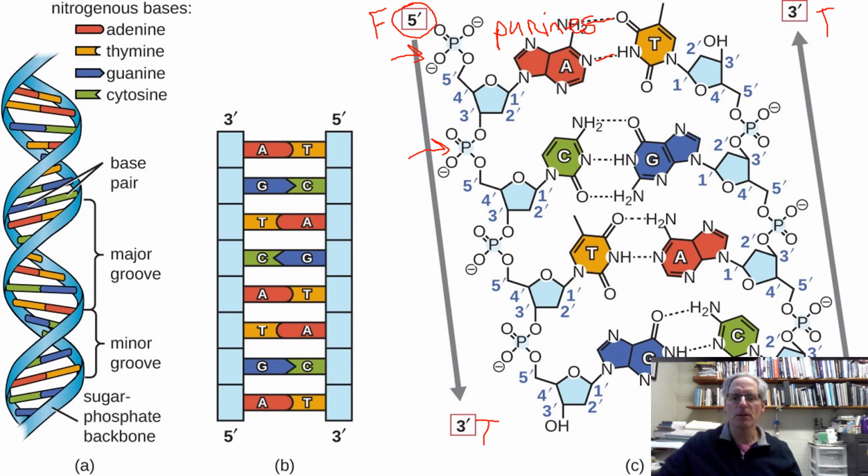And these bases with just 1 ring are called pyrimidines. Cytosine and thymine are the pyrimidines. Oh dear, that's an R. Pyrimidines.